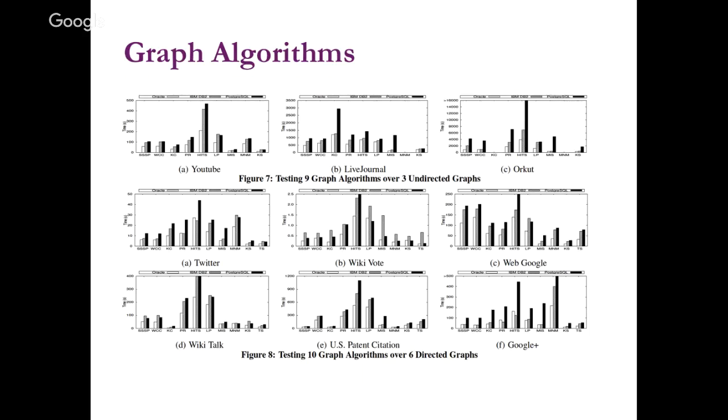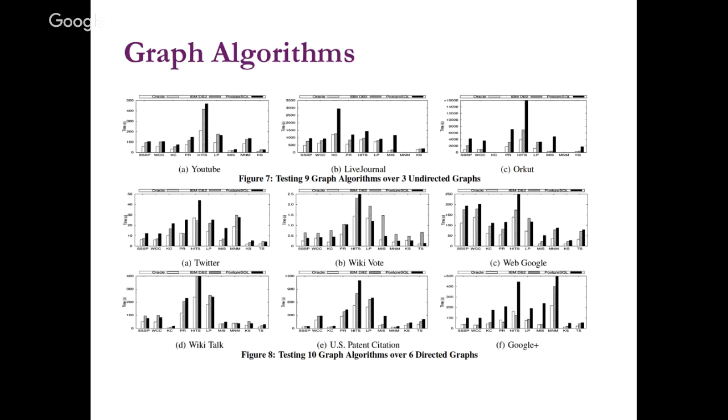And this figure shows the overall performance of the 9 algorithms. We found that the relational database system has the capability to do graph processing in reasonable time.